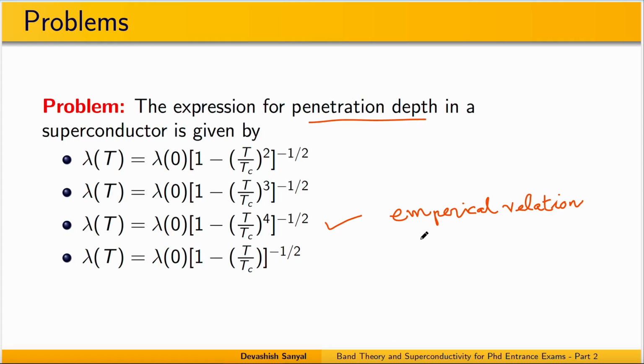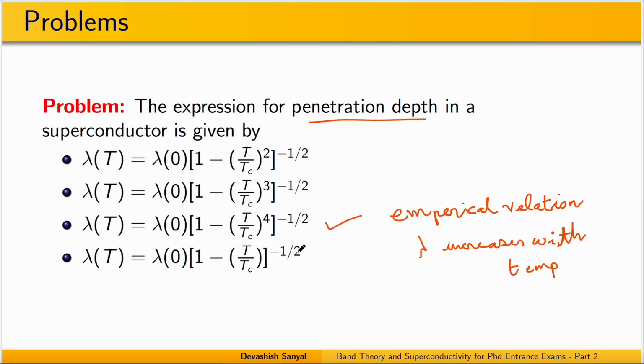We know that lambda, the penetration depth, increases with temperature. So this is the answer.